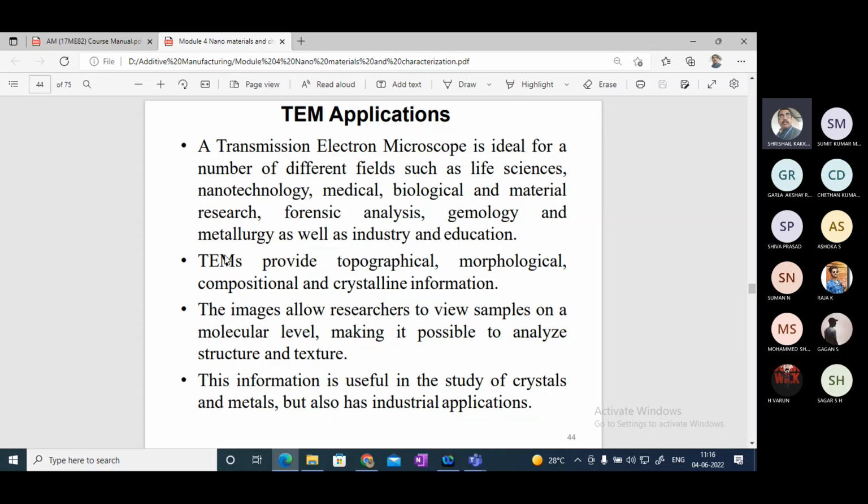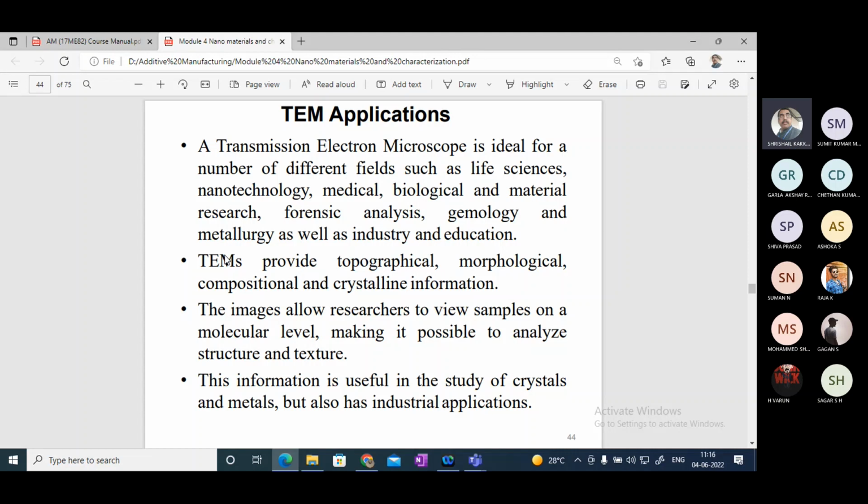Okay, and it allows researchers to view samples at the molecular level, and it is possible to analyze the structures of the molecules.